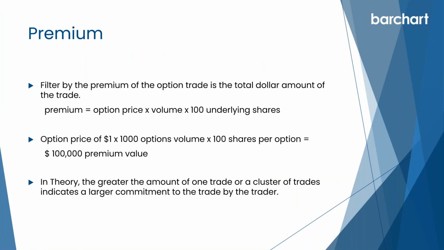The premium is basically the price of the option times the number of shares per option times the volume. So if I have an option priced at $1 and the volume is 100 options, each option represents 100 shares, so that premium would be worth $100,000.